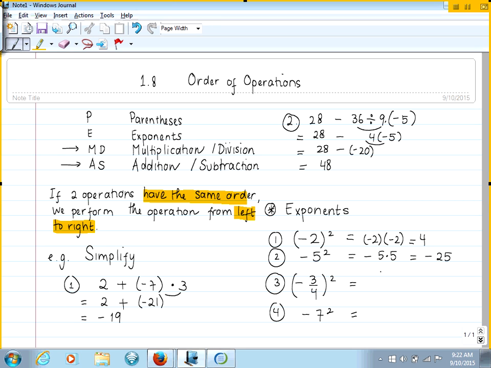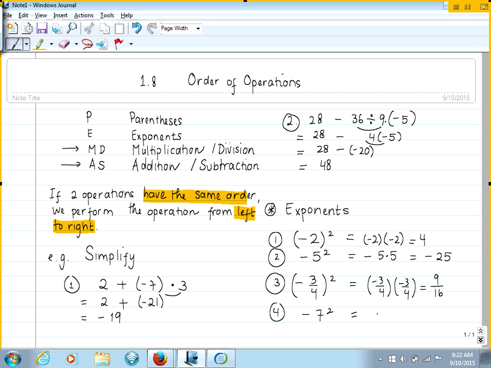What is negative 3 over 4 squared? Positive or negative? Positive, yes. This is negative 3 over 4 multiplied by negative 3 over 4. So negative 3 times negative 3 is 9 over 16. Positive. Yeah.